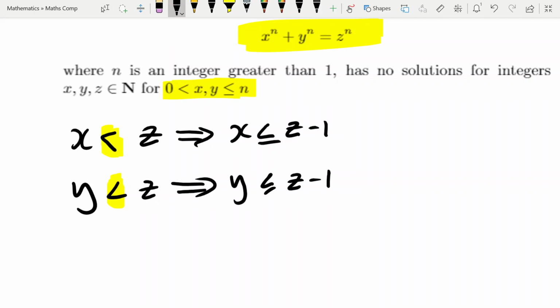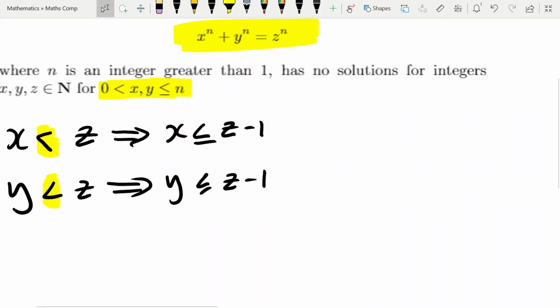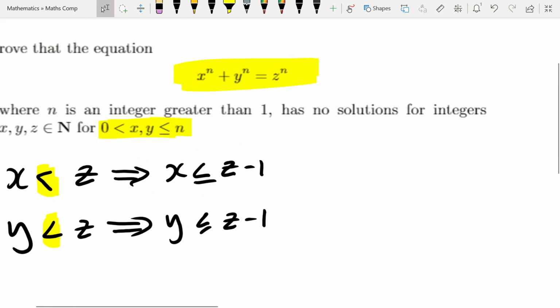This minus 1 just allows it to be equal. When it's like this, it's possible to get equality, but before it was strict. And then you take 1 away, it's no longer a strict inequality.